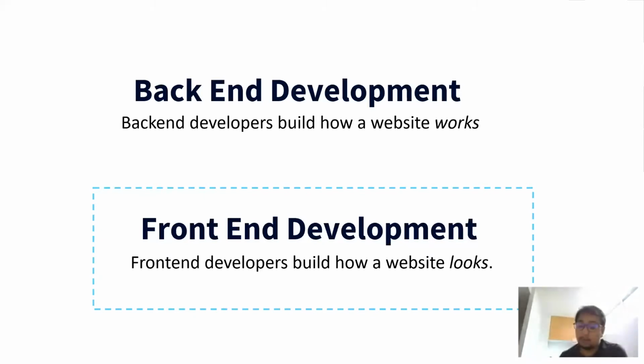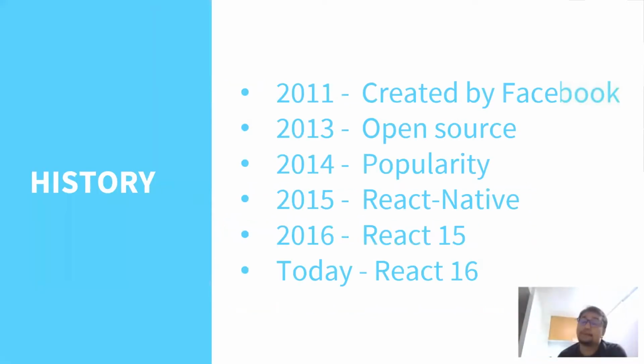React was created by Facebook in 2011, and they open sourced it in 2013. Because this was a new kind of library, people first wondered what it was, and there were some performance issues. But after Facebook investigated and fixed those bugs, it became more popular in the community.